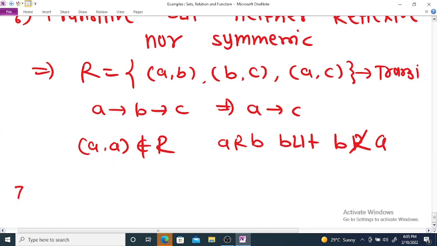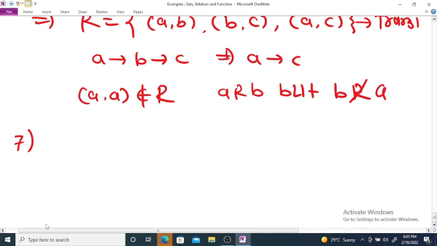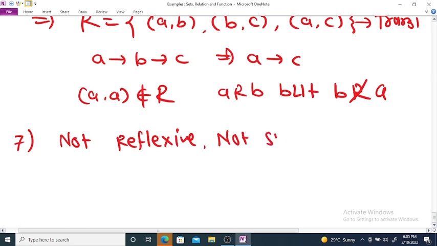And the last one, which is neither reflexive nor symmetric nor transitive. Not reflexive, not symmetric, not transitive.